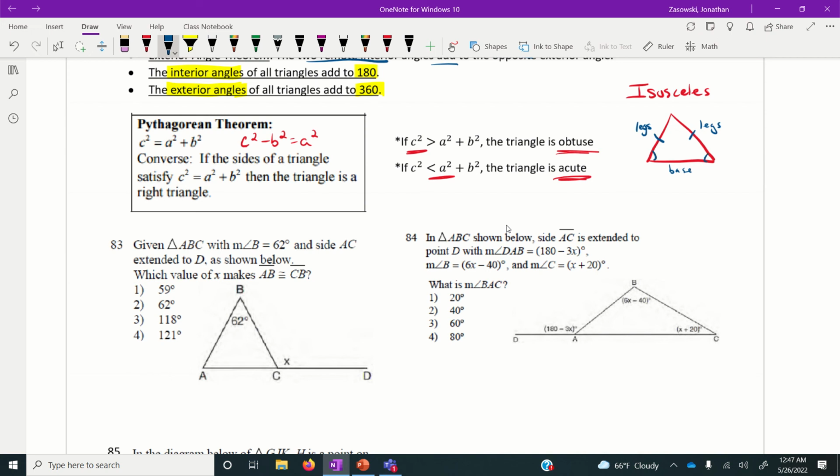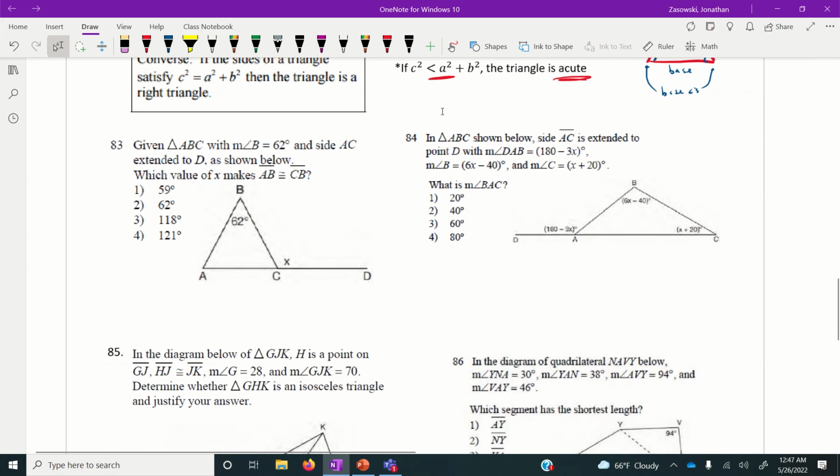These two angles that are equal are referred to as the base angles. And the angle that is not congruent up top is the vertex. So remember that the congruent angles, the base angles, are always across from the legs. That's important when we're doing questions with isosceles triangles.